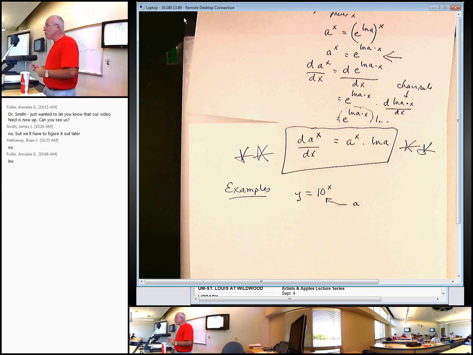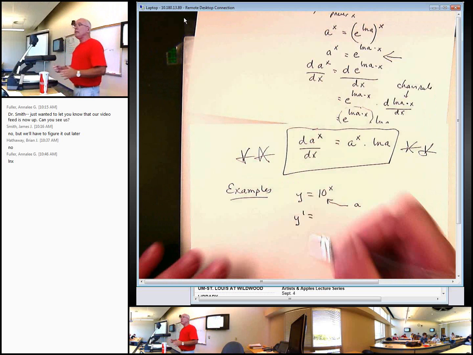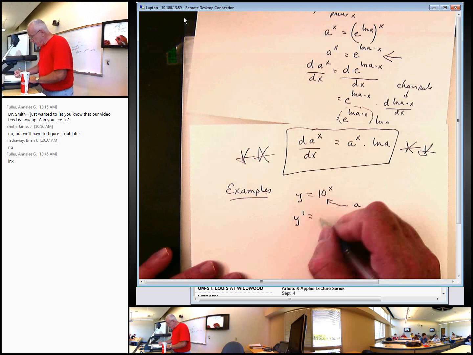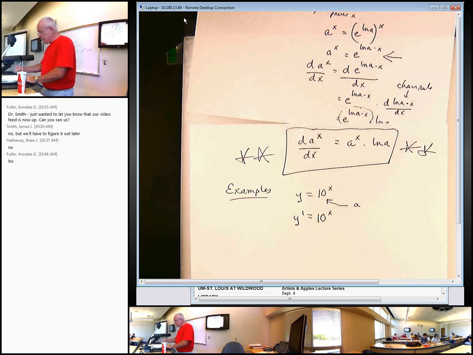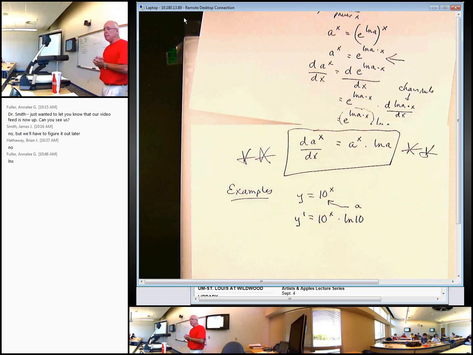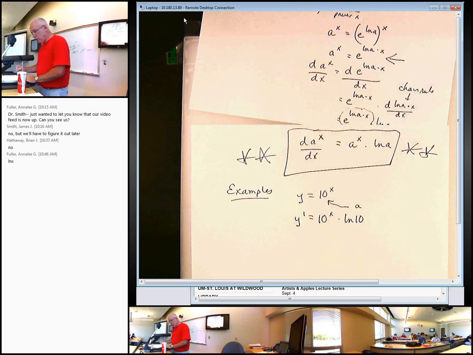All right, let's use our formula to get the derivative. What the formula says is you just repeat the function, 10 to the x power, but then multiply it by the ln of my base, ln of 10. That's all we have to do.